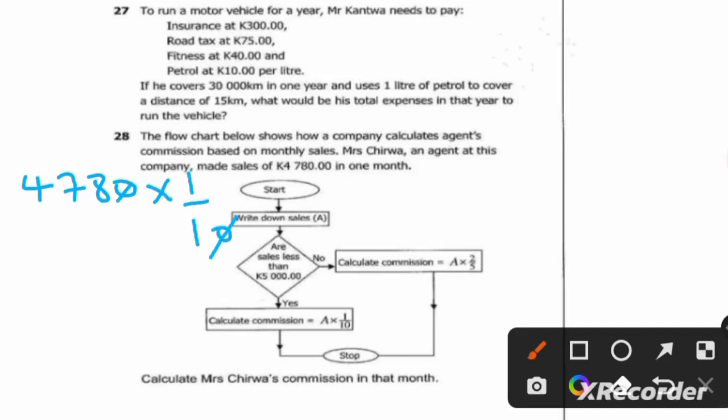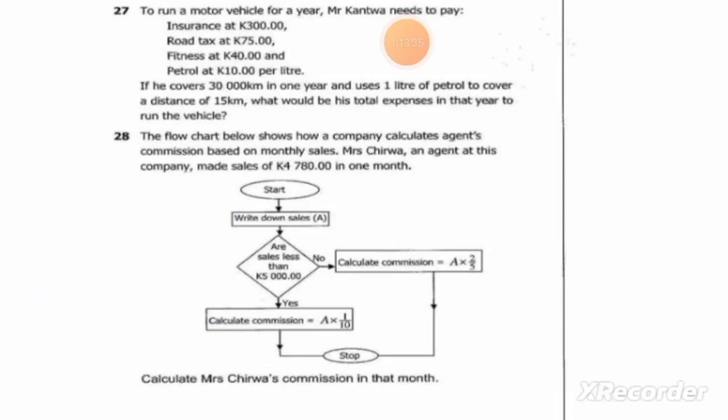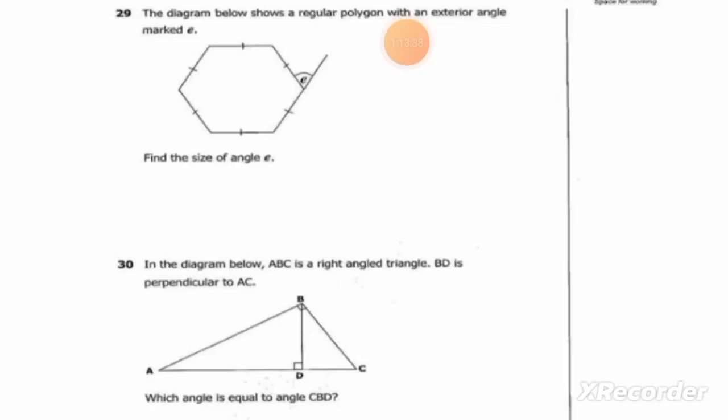As we can see, we are remaining with 478. 478 times 1 is equal to 478, divided by 1 is equal to 478. So 478 is the commission. This is our final answer. Let us move on to the next question.